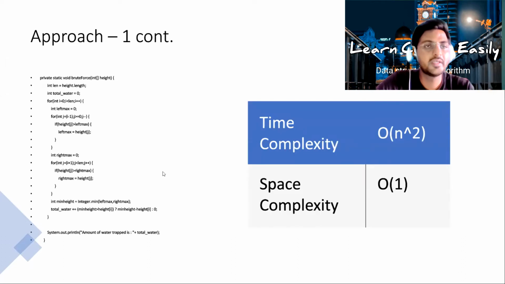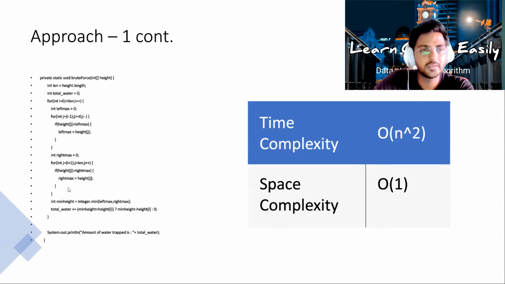So what we are doing, we are just running one loop for the input array. Now for each element of the array, we will calculate 2 things. Left maximum height. So here you can see this for loop will get the left maximum height. Now here you can see there is one more loop which will give us the right maximum height.